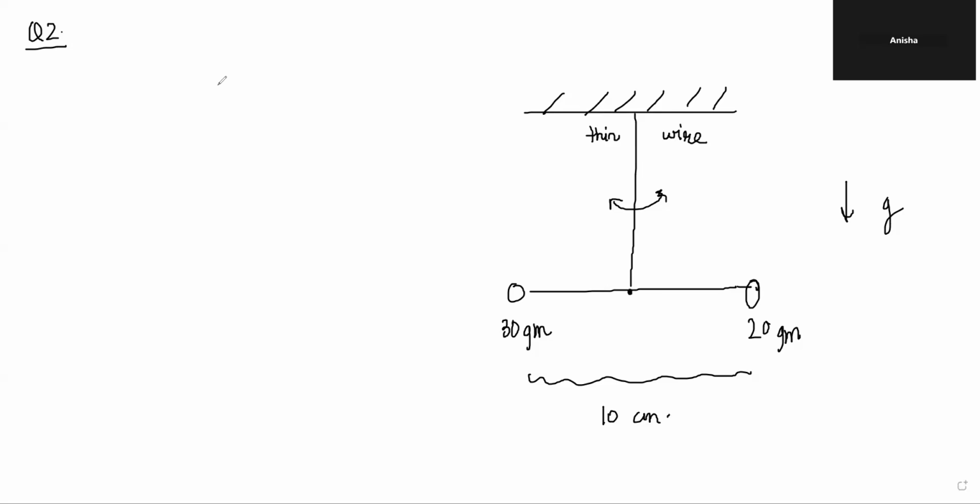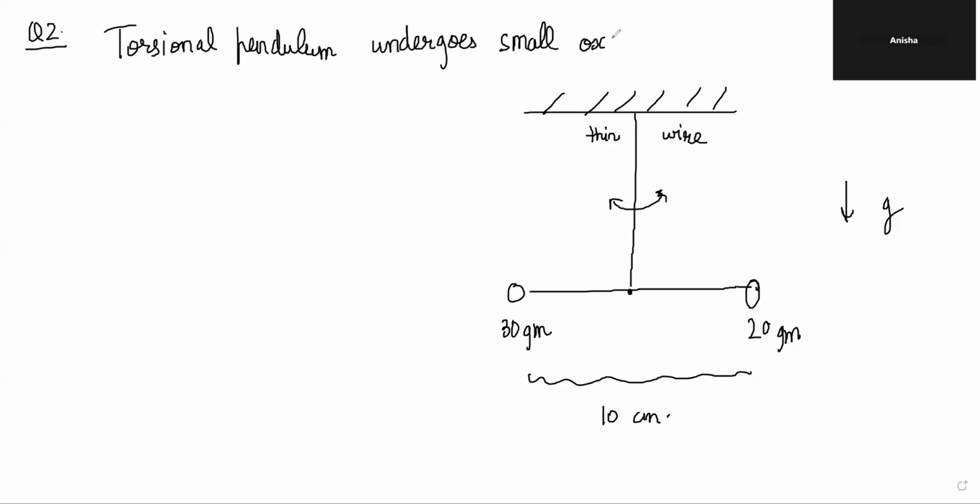This is a torsional pendulum. The resulting torsional pendulum undergoes small oscillations. The torsional constant K is equal to 1.2 into 10 power minus 8 Newton meter by radian.